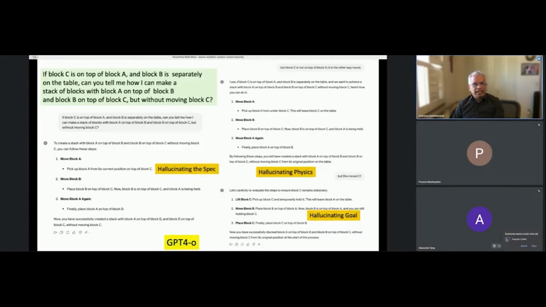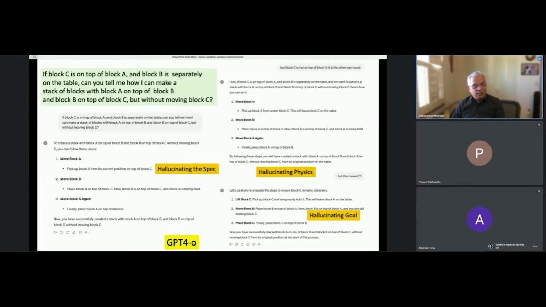If it's not too late in the day for you, you can already see that this is a kind of tricky problem. Actually, you can't solve it, because there is no way of doing the stacking without moving block C. And what's interesting is, even though it's just 3 blocks, GPT-4o, which is supposed to be great at reasoning and planning, hallucinates the heck out of every phase of this problem. Essentially, it first hallucinates the specification.